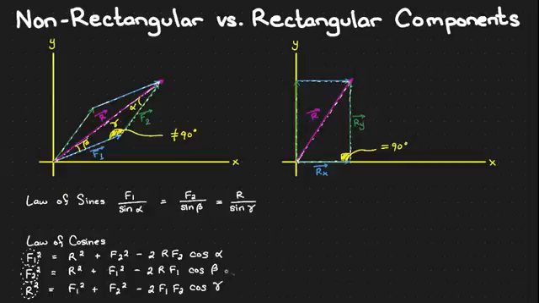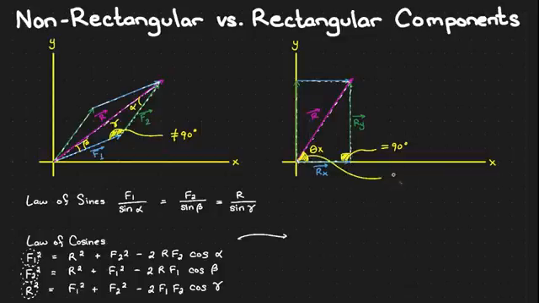Are we able to express law of sines and law of cosines in the rectangular system? Most definitely. Before we do that, why don't we define some angles? I'd like to define the angle that is between the resultant and the x-axis as theta x.